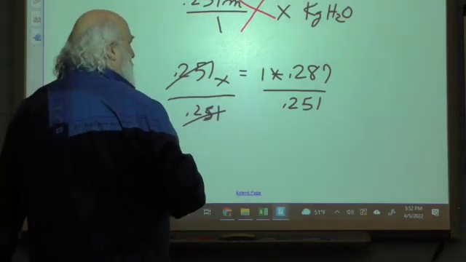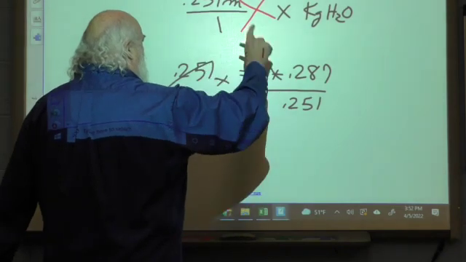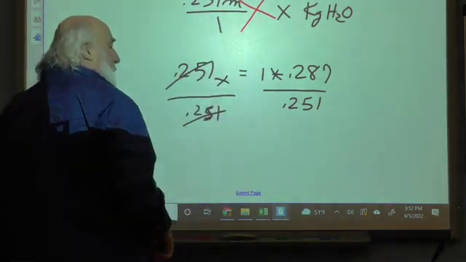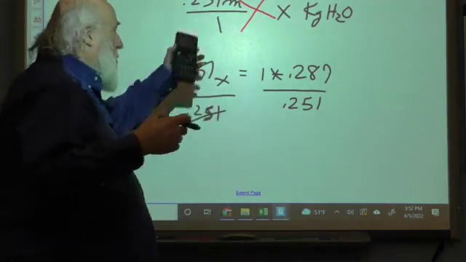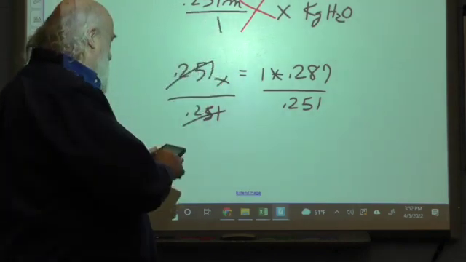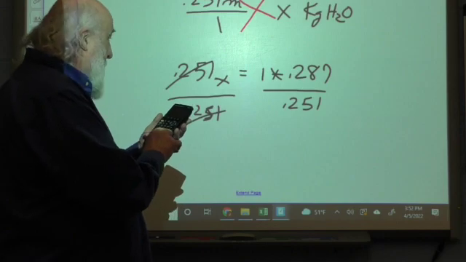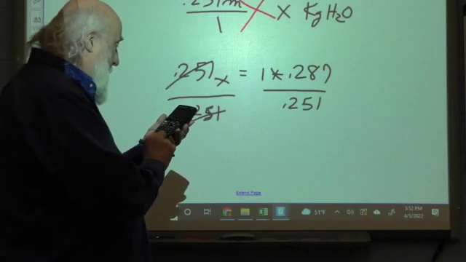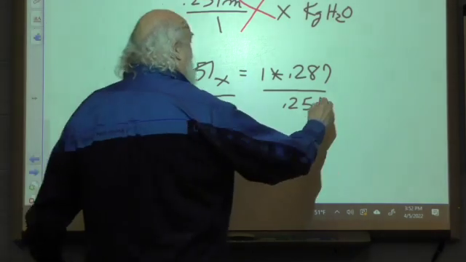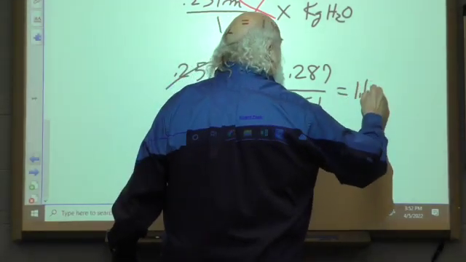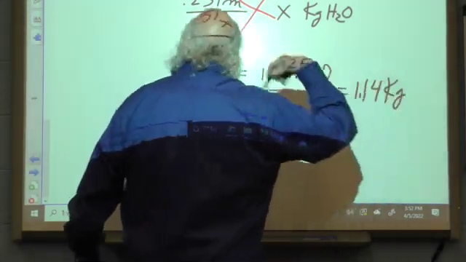So the 0.251 went down here, and the x went up there. But if you're more secure doing it the other way, that's fine. Basically, all you're going to do here is take 0.287 and divide by 0.251, and we get 1.14 kilograms. But that's not the answer.